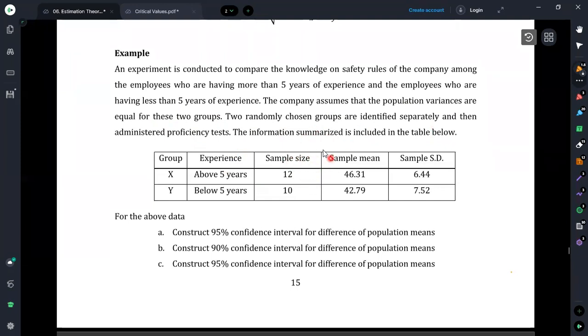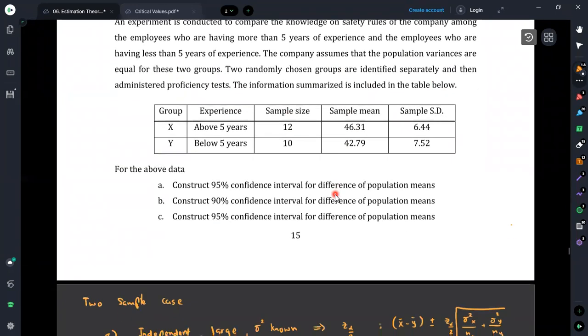The summary details are given in this table according to experience above 5 years and below 5 years. They have constructed two groups named group X and group Y. The sample sizes are given as 12 and 10. The sample means and sample standard deviations are obtained in this way.